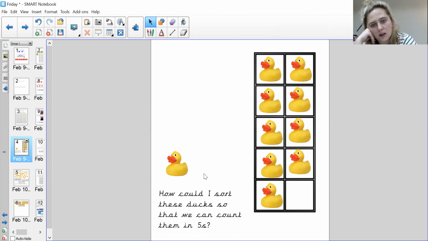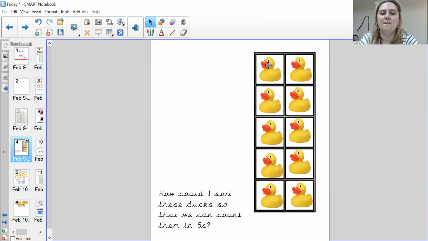Instead of counting in 2s, 2, 4, 6, 8, we're going to count along the length of the tens frame, because we know that half of a tens frame is 5, don't we? So 5, 10. There are 10 ducks in the tens frame.